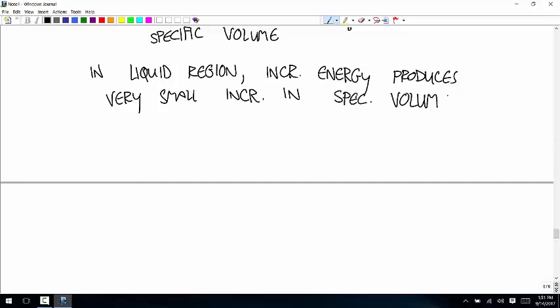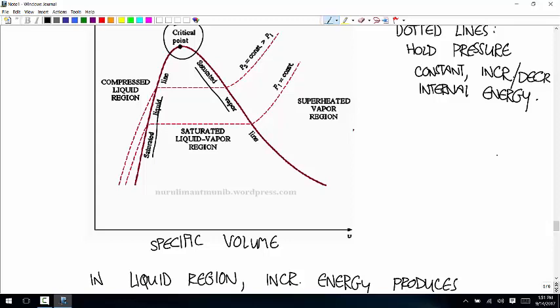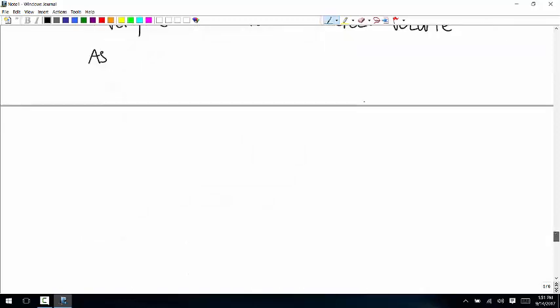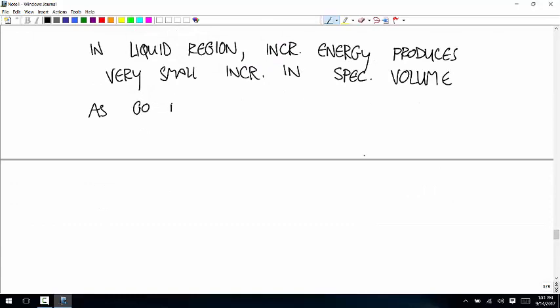And so if you think about what you're trying to do with a heat engine, you need a big increase in volume so that you can do work. As you get into the vapor dome, you get big increases in specific volume.